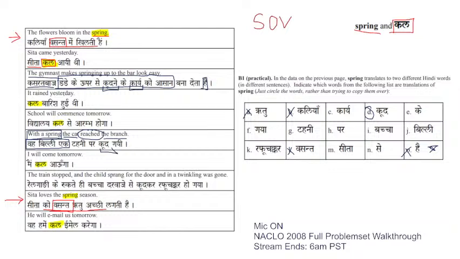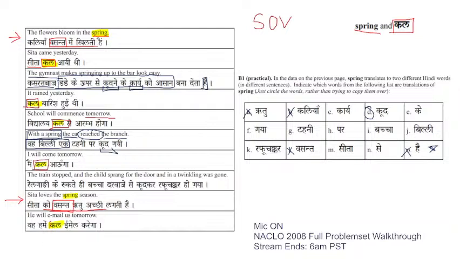It rained yesterday. This also could mean yesterday, some kind of time indicator. School will commence tomorrow. Again, tomorrow is the object here. Will commence would be the verb, I'm assuming. So there's some sort of time indicator again. I will come tomorrow. Boom. That's, again, tomorrow. He will email us tomorrow.